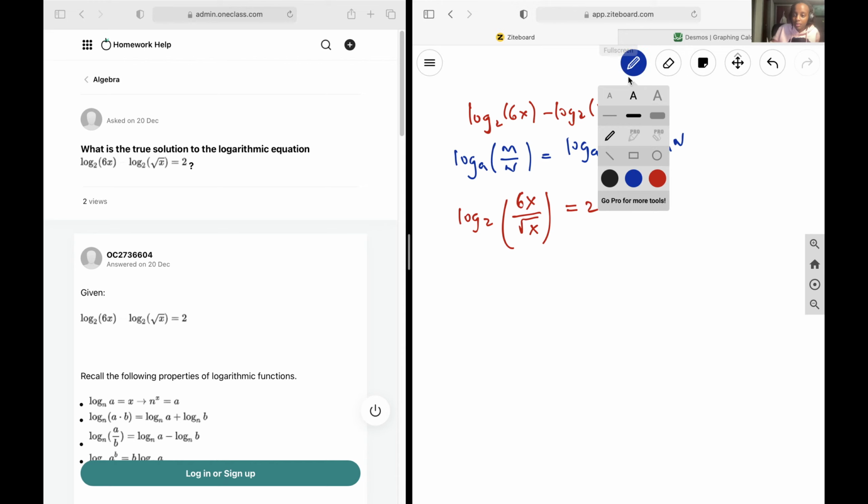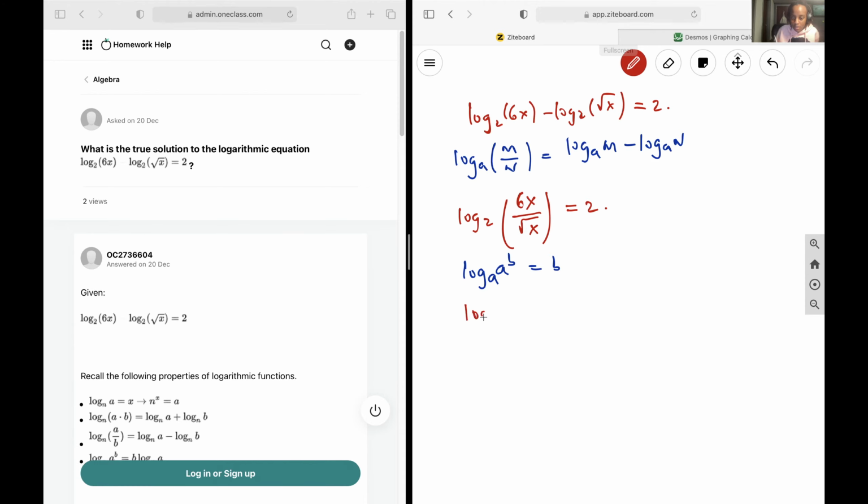Next up, we're going to use the property that log a to the b is equal to b, and we're going to apply that to the right-hand side. And so we get log 2 of 6x divided by x to the power of 1 over 2 is going to be 6x times x to the power of negative 1 over 2.